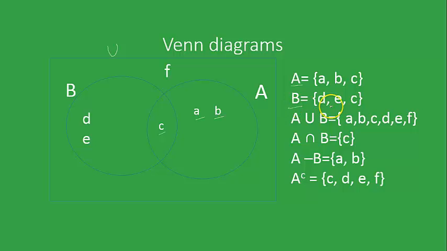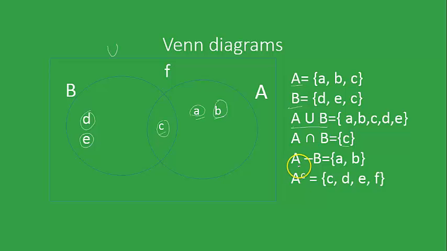Next set is B, which is D, E, C. The third set is A union B, which consists of all the elements which are either in A or in B. That is A, B, C, D and E. The fourth set is A intersection B, which consists of elements in both A and in the set B, that is C.